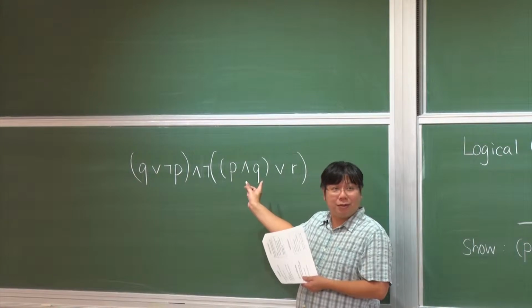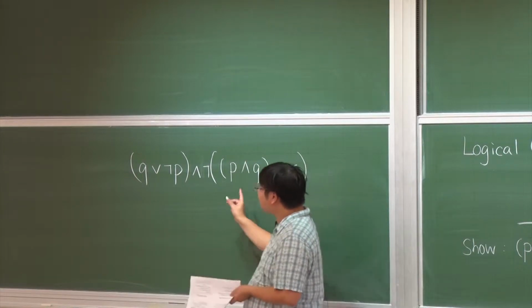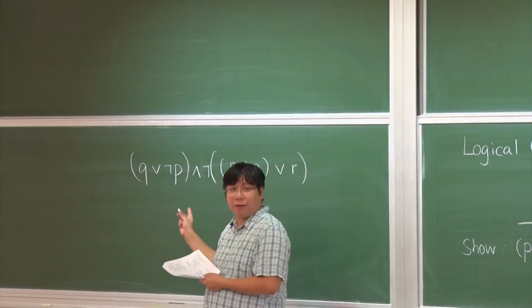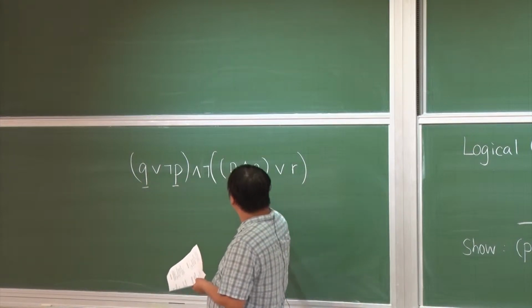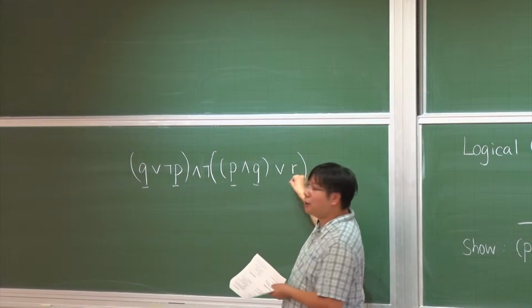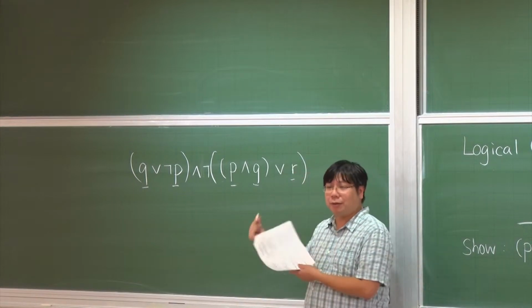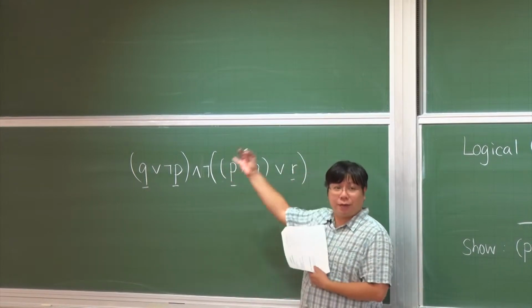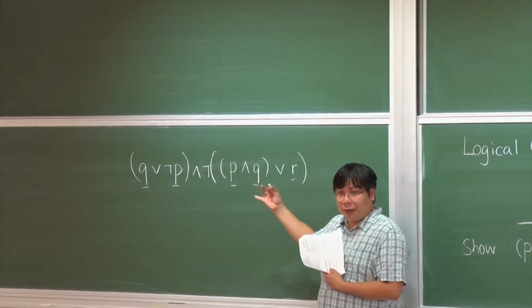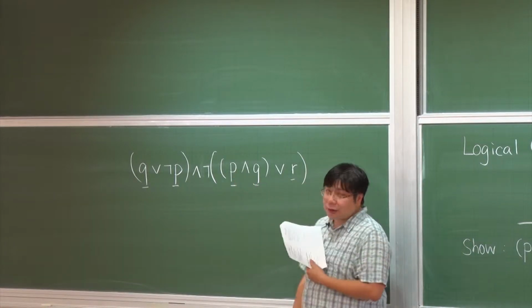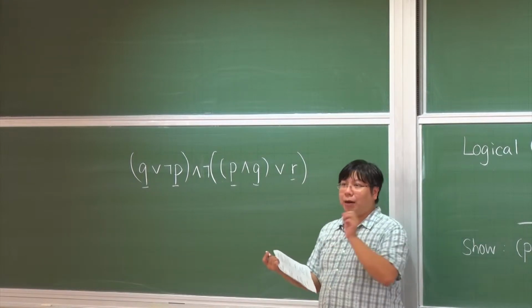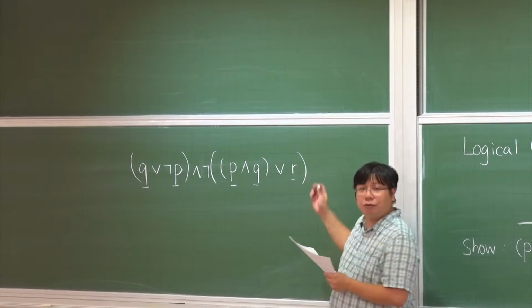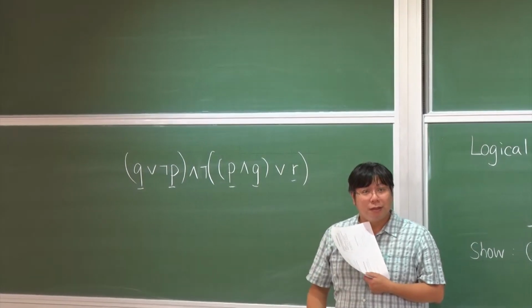The truth value of this proposition depends on the truth values of P, Q, R. If we know P is true, Q is false, R is false, then there is a value for this one. When P, Q, R are known, then I know the truth value of this proposition.